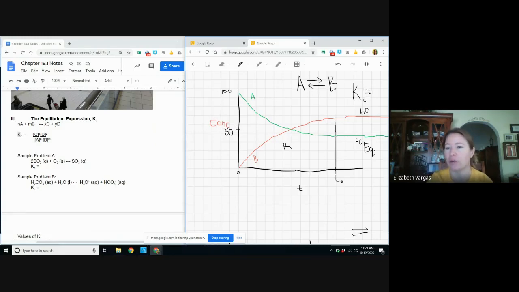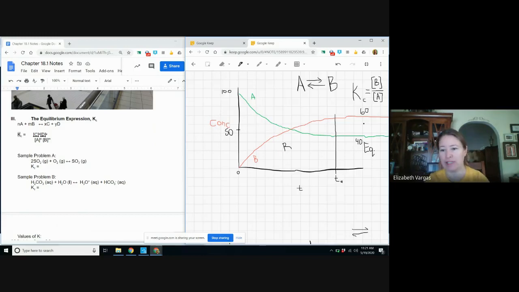And then we know our brackets mean concentration, and I put the product on top, so B goes on top right here, and on the bottom I have my A. Concentration of A goes down here. Since these don't have any coefficients, they're both 1, that means there's no exponents. It's just 1 and 1.